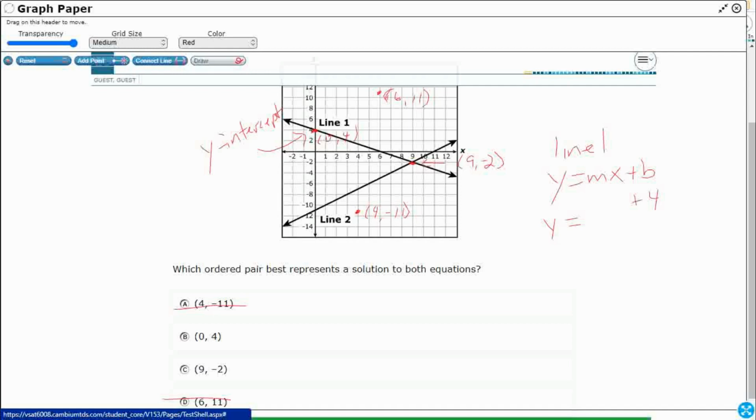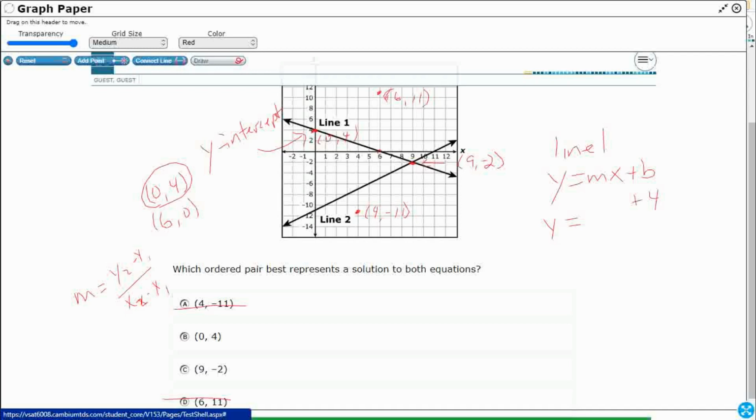I'm going to take 0, 4, and let's take right there, 6, 0. I always like to find any intercepts, x or y. It's a lot easier. And then your slope is going to be the change in y over the change in x, rise over run.